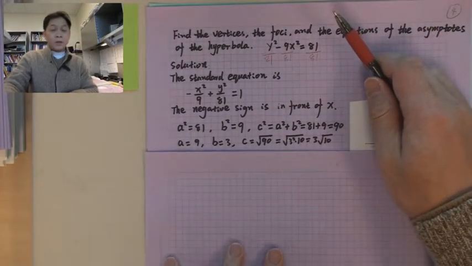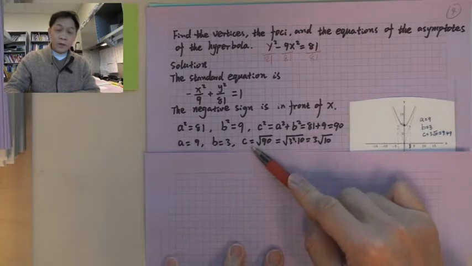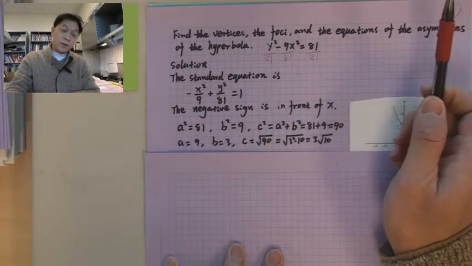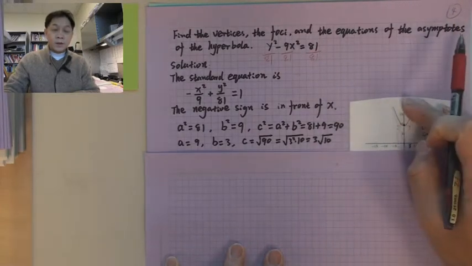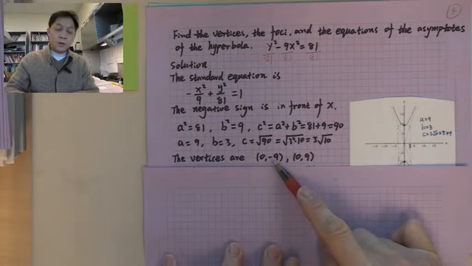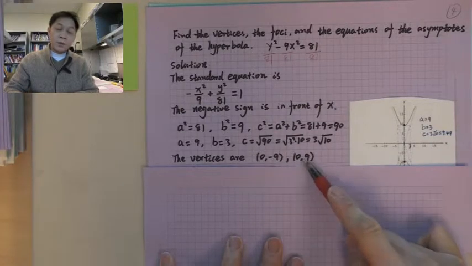Alright. Now, since we know a and c, we can write down the vertices and foci. So the vertices will be 0, negative 9 and 0, positive 9.